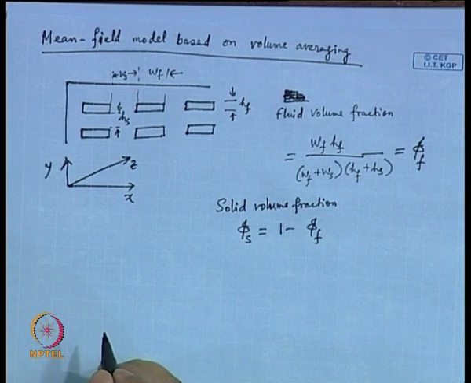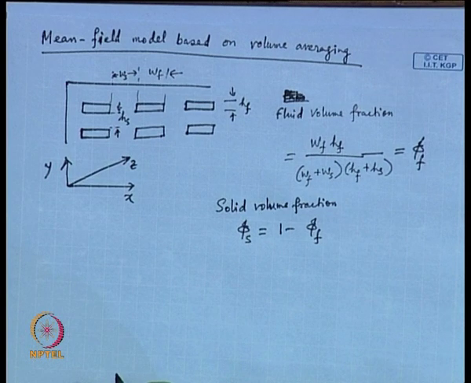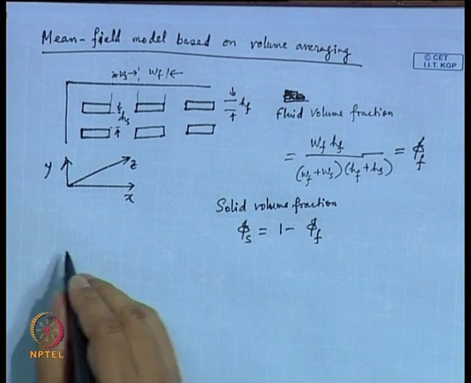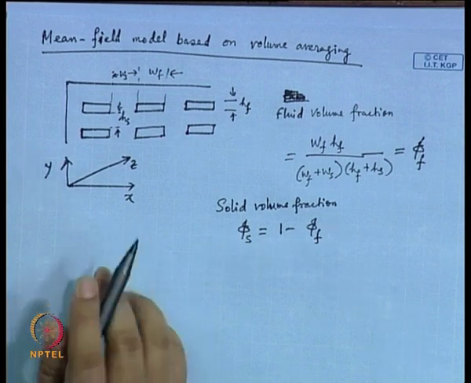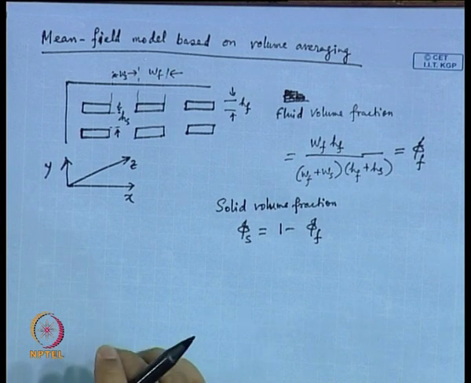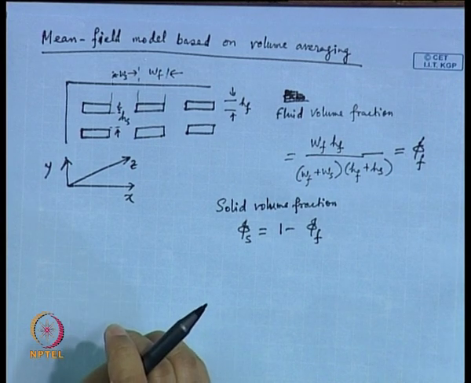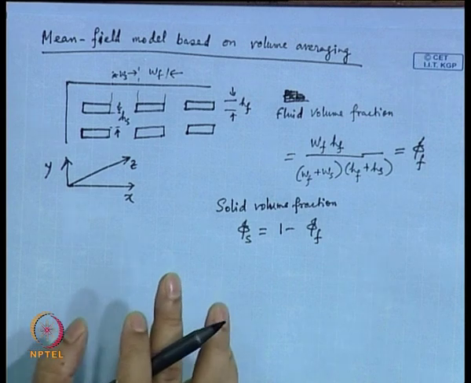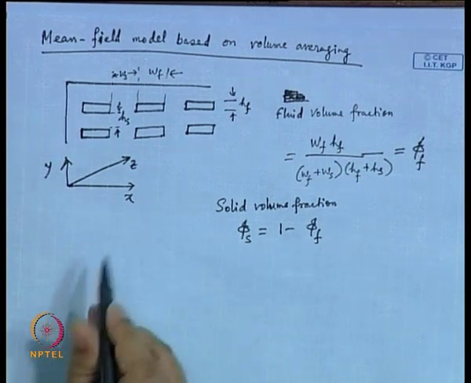Now, if we try to write the heat balance equation, it will take this shape. Here we will be treating the temperature of fluid and solid separately, but it will not be a full rigorous model.